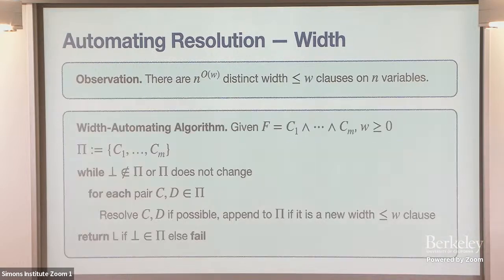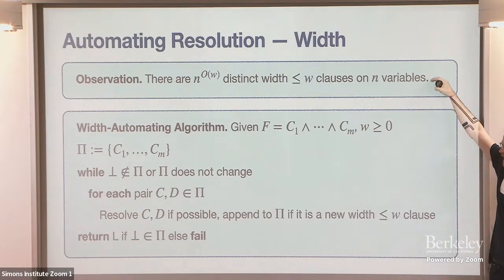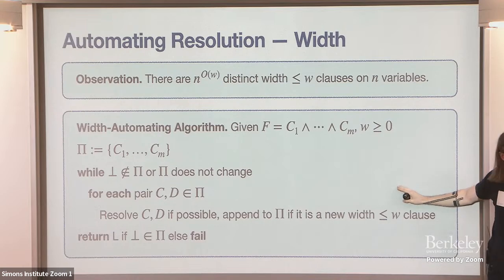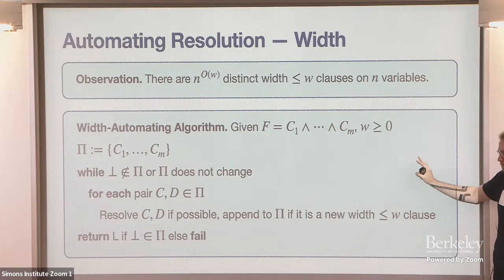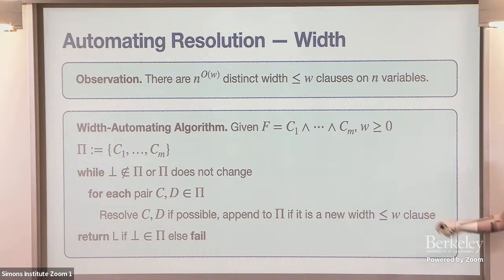Okay, good. Well, when I know this, you can now define this width automating algorithm. What this algorithm is going to do is, if a proof exists, return a proof where every clause has width at most w. So how does this work? I get my formula and some parameter w as the input. And then I start with my proof by throwing in all the axioms.